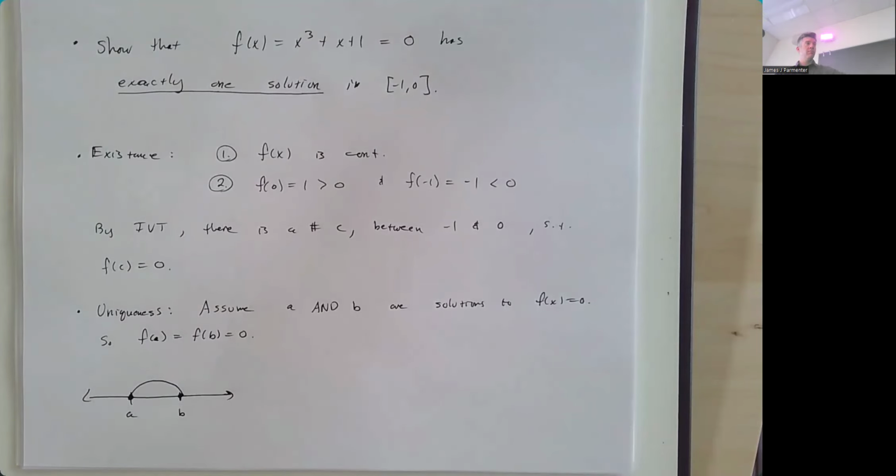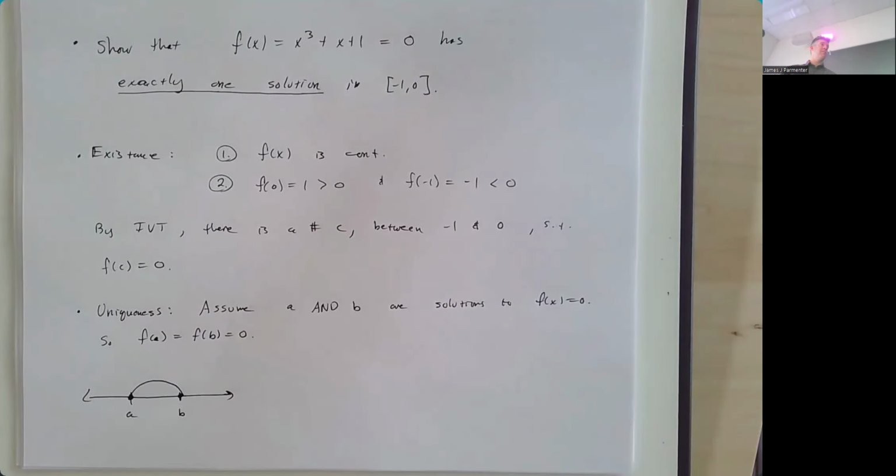Rolle's theorem, the special case of the mean value theorem: since f of x is continuous and differentiable on the interval from A to B, and we just said that f of A is equal to f of B, then by Rolle's theorem, there has to be a number between A and B where the derivative is equal to 0.